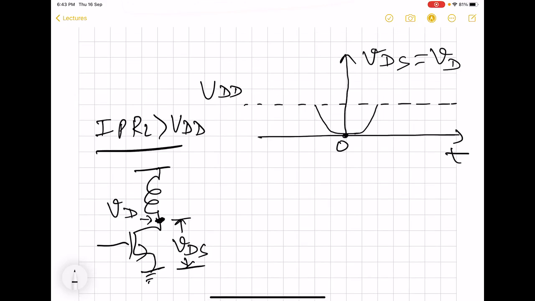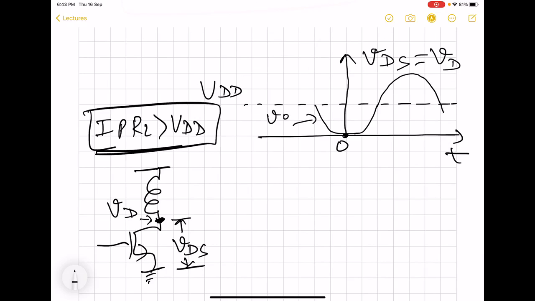But for the upper swing, it will be undistorted here. So we see that if this scenario occurs, then the output waveform, the waveform that the load will see, is going to be a distorted version.